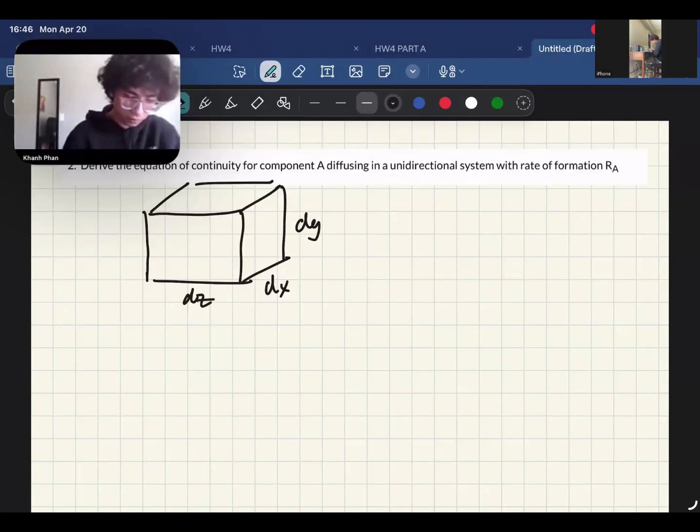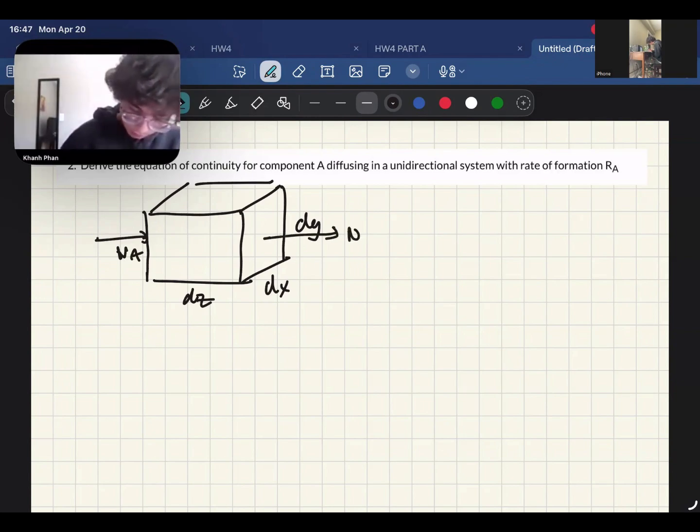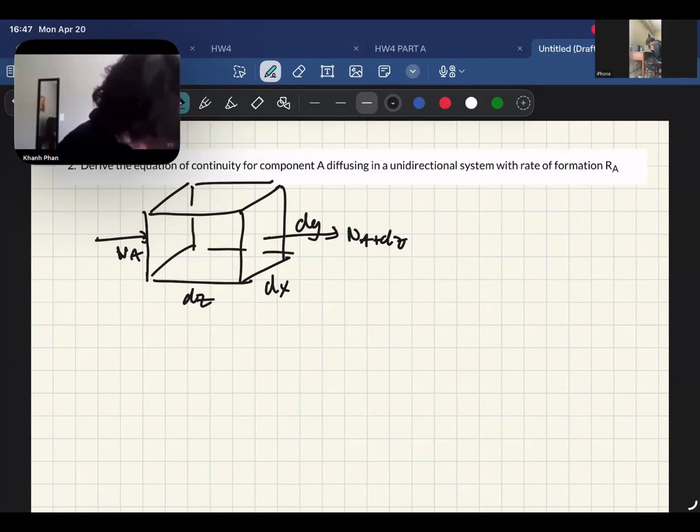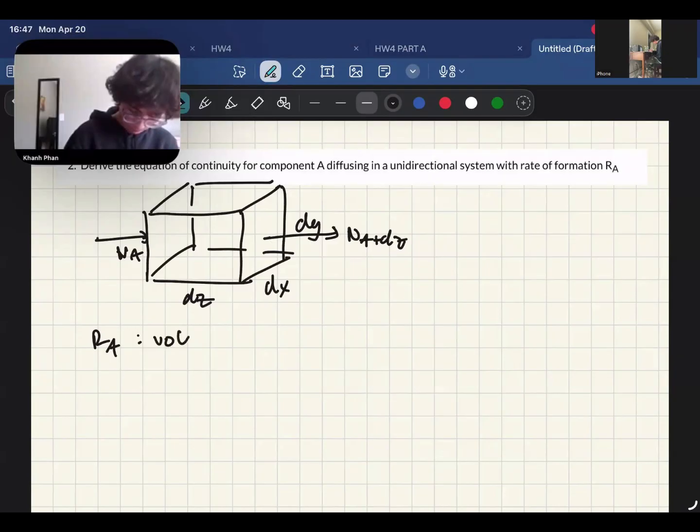And so you can have a total molar flux of species A, NA, coming in and the flux coming out, NA plus dz. So now we can define a material balance for this. We can have a rate of formation. So RA stands for the volumetric rate of formation.